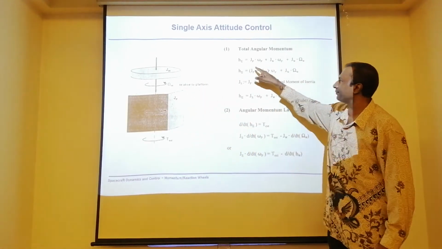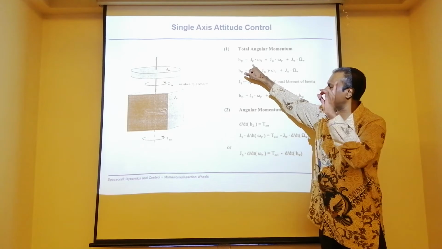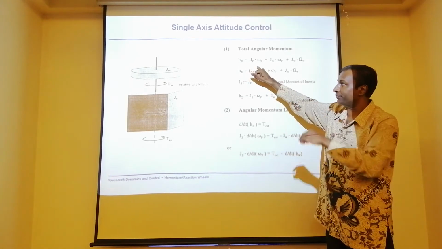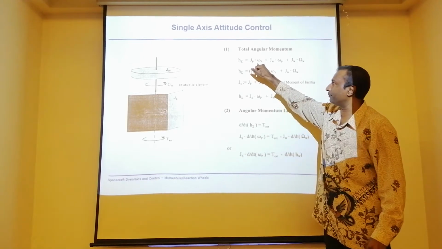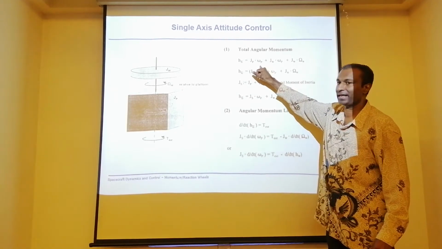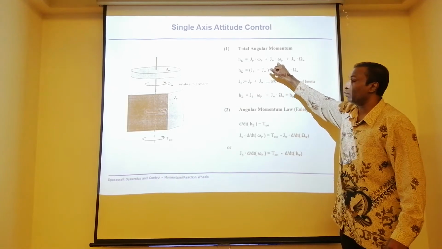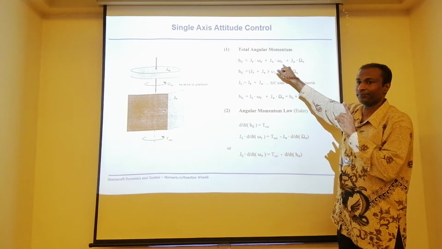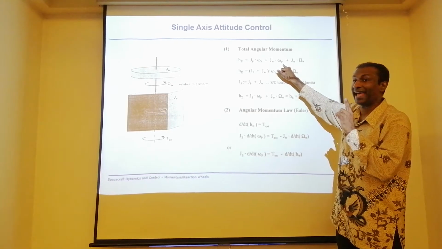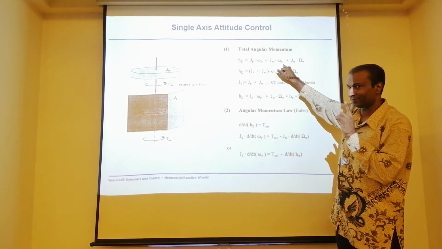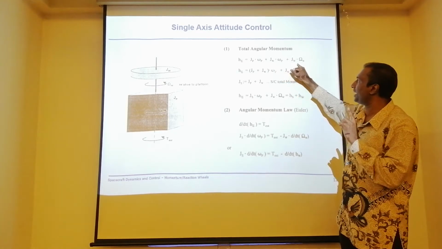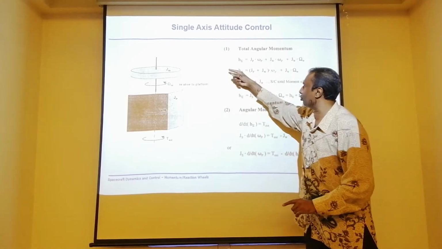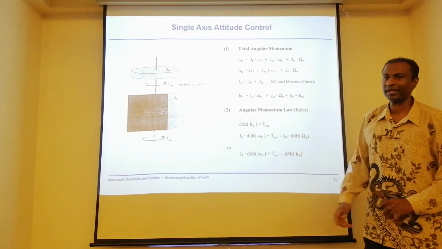So the total momentum involved in this system is the platform's angular momentum, plus the wheel's angular momentum due to the platform's angular rotation, plus the actual rotation of the wheel itself. This will be your total angular momentum.